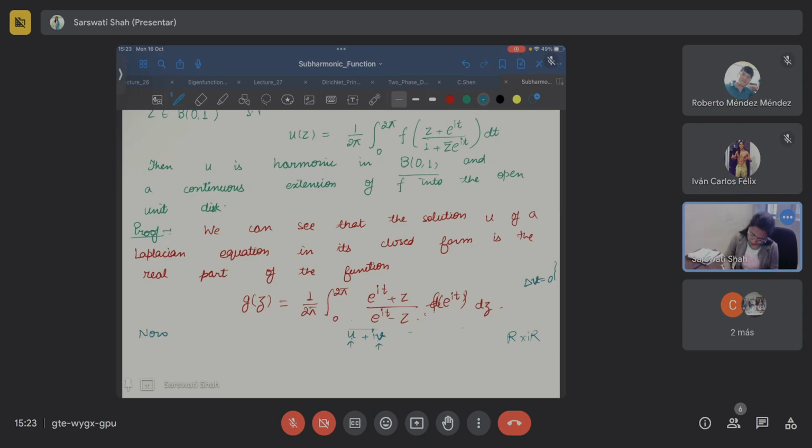I wanted to ask: is a harmonic function a holomorphic function, or is the converse true? Basically, a harmonic function is defined in the real space, isn't it?